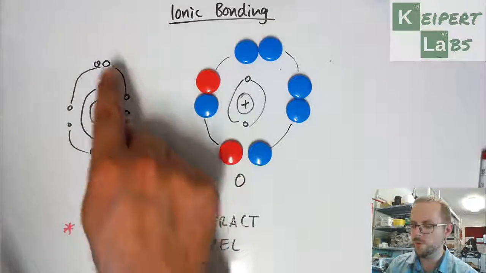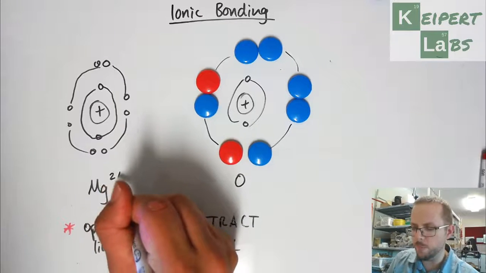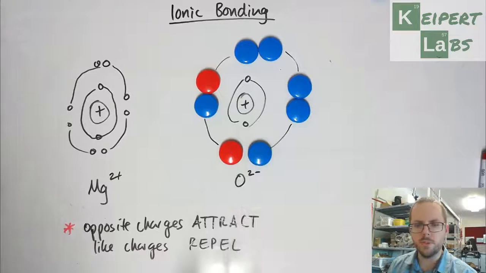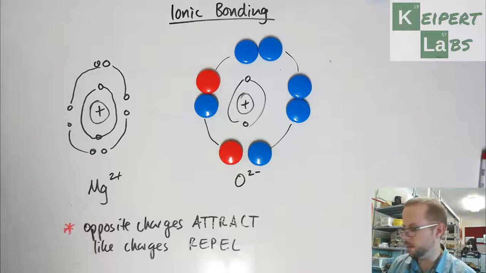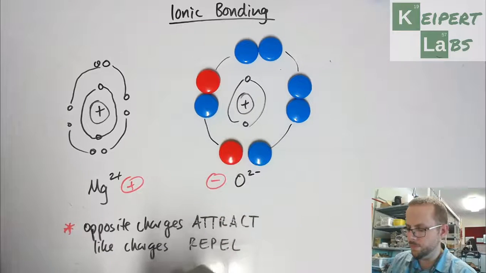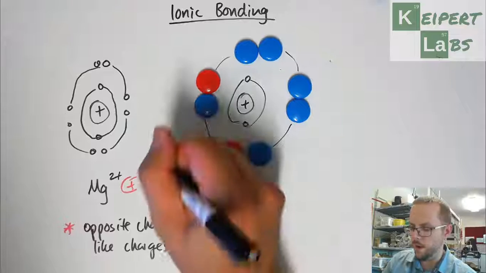We now have two more protons than electrons, so we have a 2+ charge. Over here we have 2 extra electrons than protons, so we've formed the oxide 2- ion. Just as before, the magnesium and the oxygen pull towards one another, and we form that ionic bond.